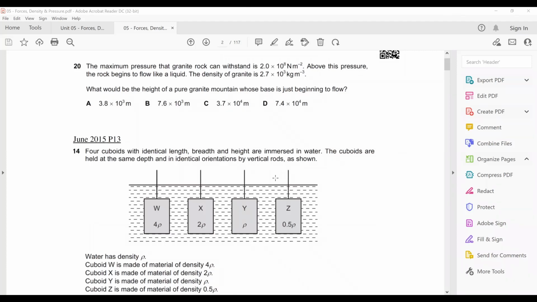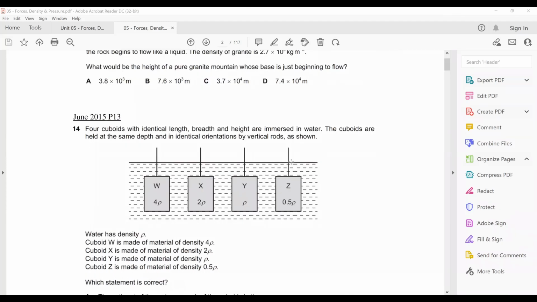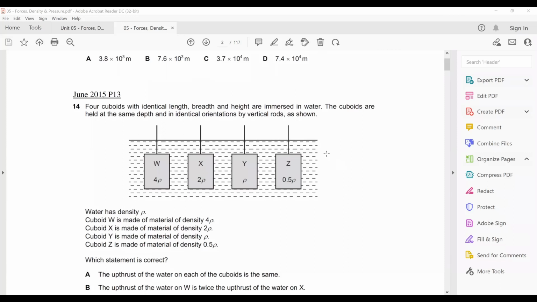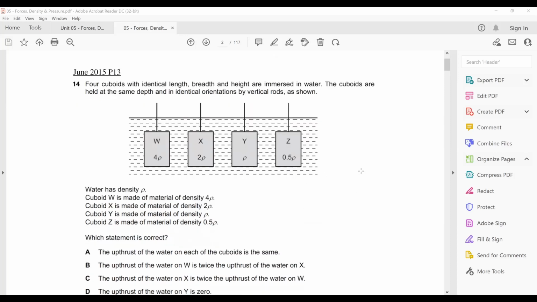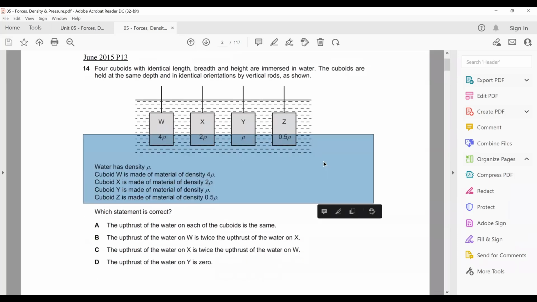Now you have 4 cuboids with identical lengths, breadth, height that are immersed in water. The cuboids are held at the same depth and are in identical orientations by vertical rods as shown. Water has a density of rho. Cuboids W, X, Y, Z have densities of 4 rho, 2 rho, rho, and 0.5 rho respectively. Which of these statements is correct?